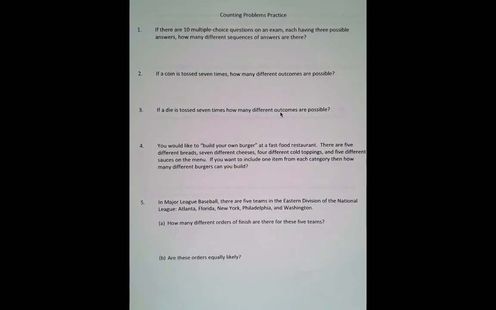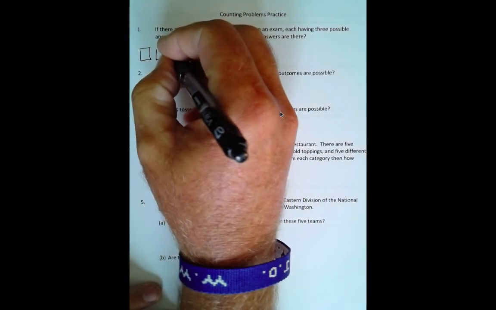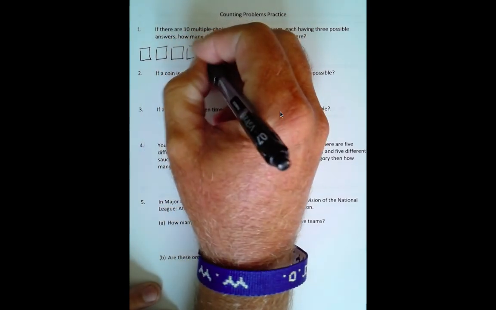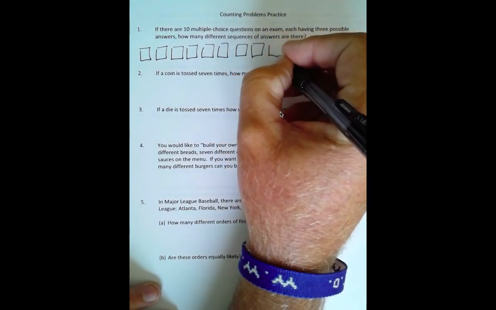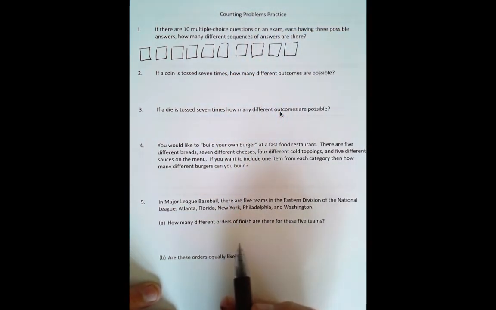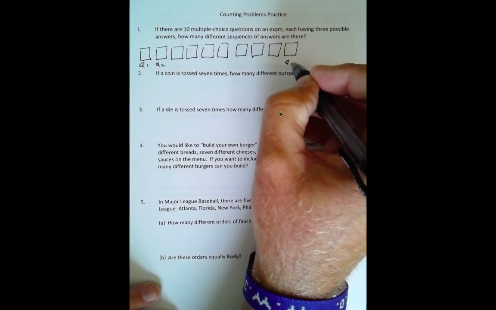So, number one, if there are 10 multiple choice questions on an exam, each having 3 possible answers, how many different sequences of answers are there? I like to look at this as slots. Imagine these being question 1, question 2, all the way down to question 10.